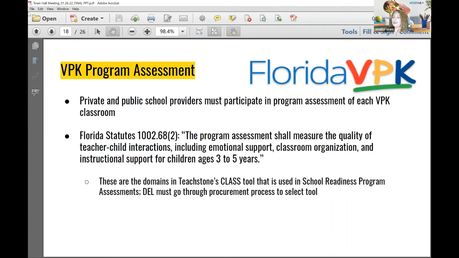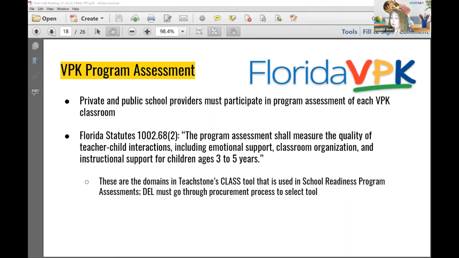The domains and Teachstone CLASS tool are used in the school readiness program, but DEL has been going through the procurement process to select a tool. It's my understanding that they're already done with that procurement, or they might be in the process, but it's very specific. All programs for children ages 3 to 5 years, that's what the assessment has to incorporate. So that's our VPK programs.